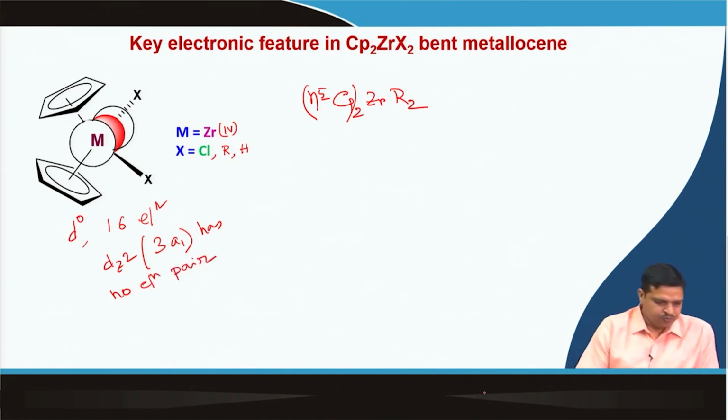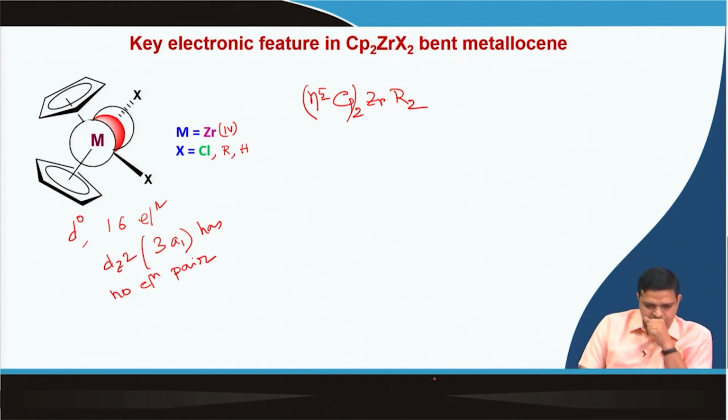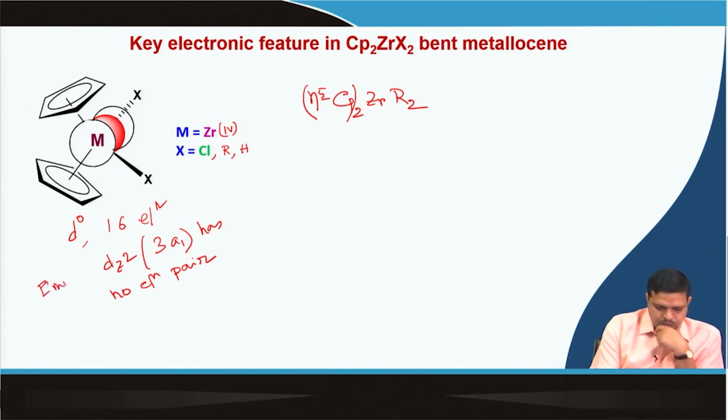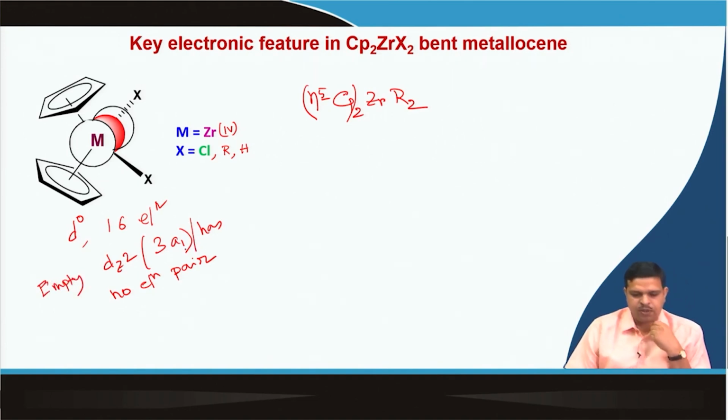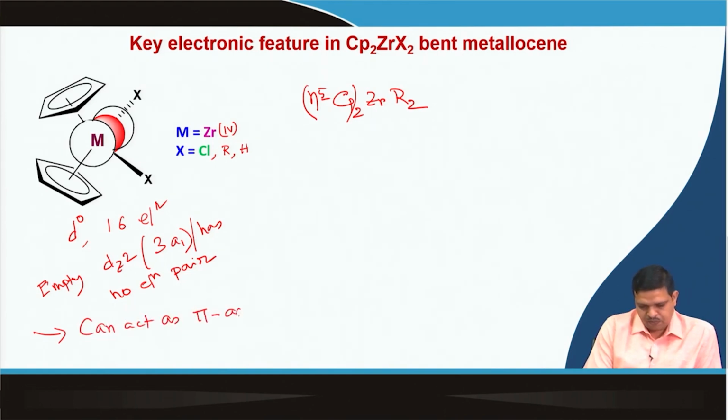This is important to understand why it is like that. So, you have the empty dz square, with no electron pair. That is why this one can act as a pi acceptor.